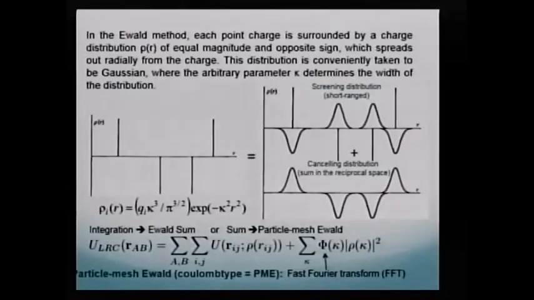The second part, the canceling distribution, we are going to sum in the reciprocal space. When you do that, you speed up your sum. You can sum until infinity. You can do this as this is a continuous distribution, as integration. This is the Ewald. But if you discretize your system, you use the particle mesh Ewald with the sums.